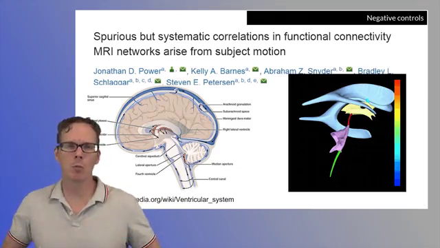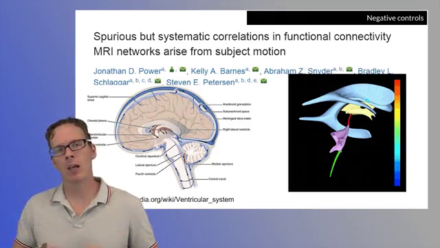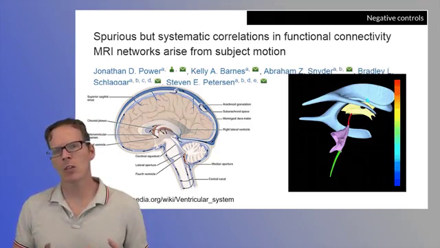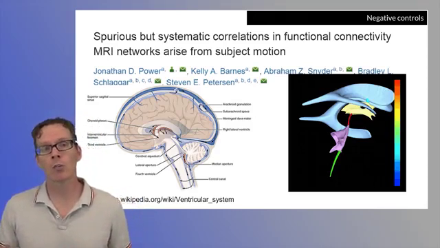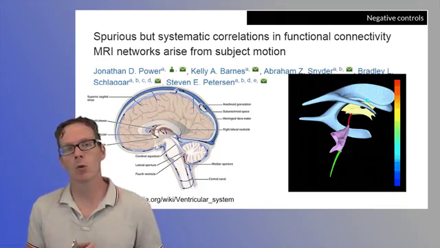It's also true that as we breathe and as our heart beats, that changes the character of the signal dynamically, and those were also related to creating spurious correlations. The broader point is that these investigators repeated an analysis that everyone was excited about.